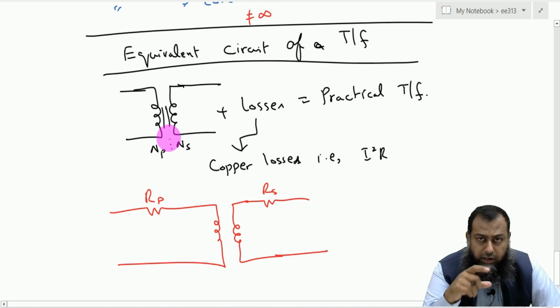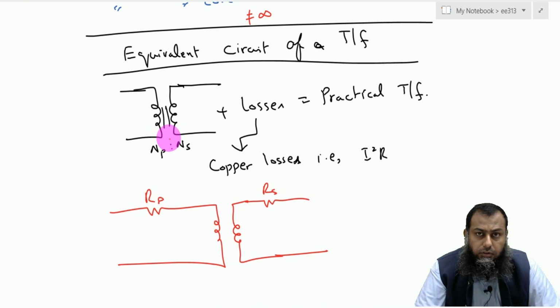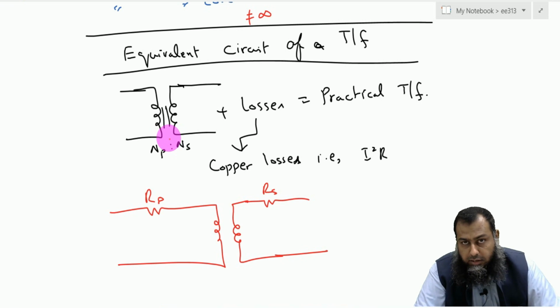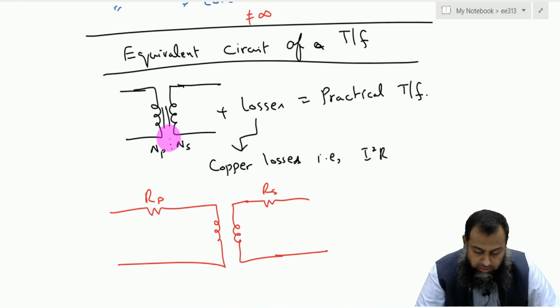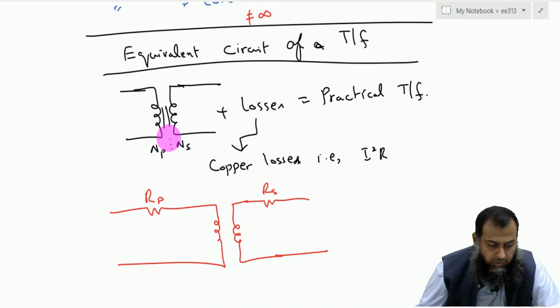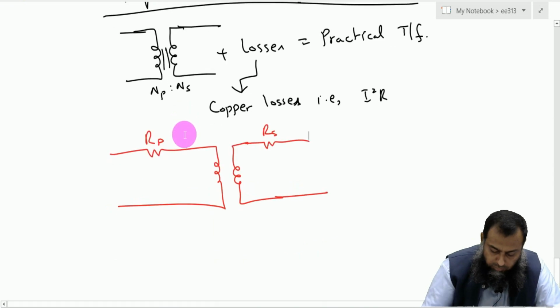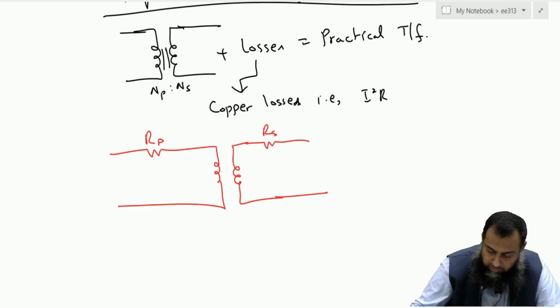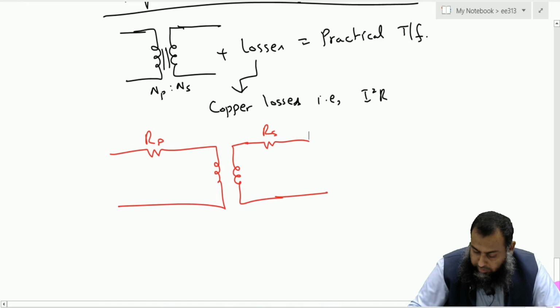Now we have earlier seen that not all the flux produced due to the current flow in the primary winding is linked with the secondary winding or the core. We do have some leakage. So how can we model that leakage in a given transformer? For that we have to dig a little into the magnetic concept.